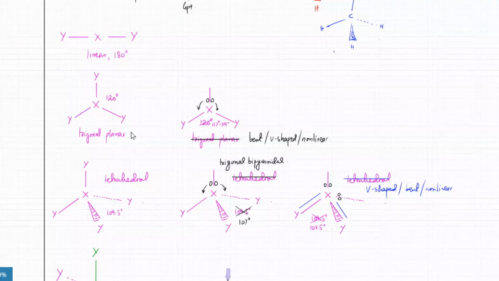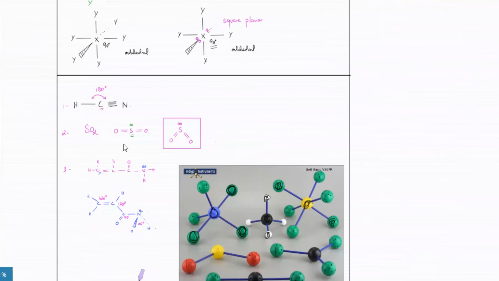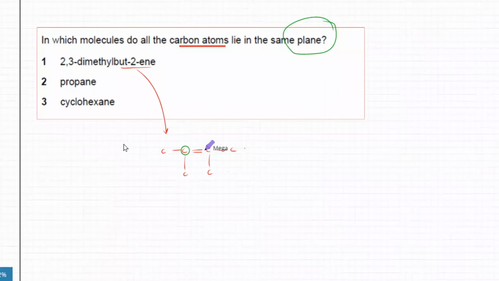It's going to be trigonal planar, just like a fan. So if I draw the exact shape of this particular carbon atom, it would look like a fan with a double bond on one side.